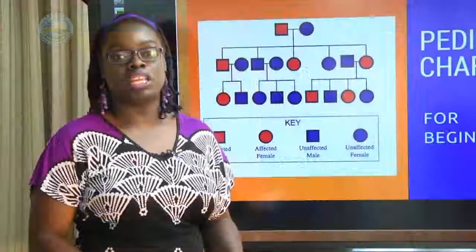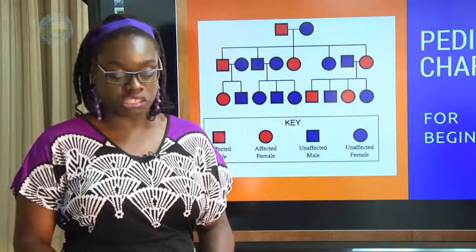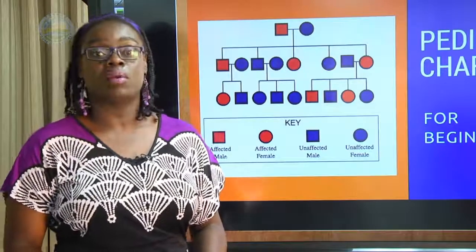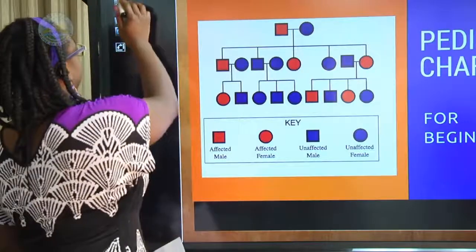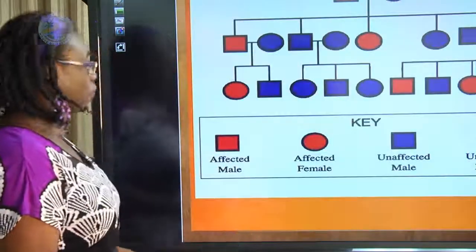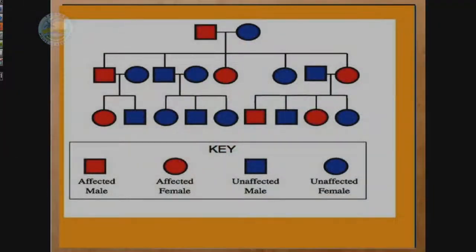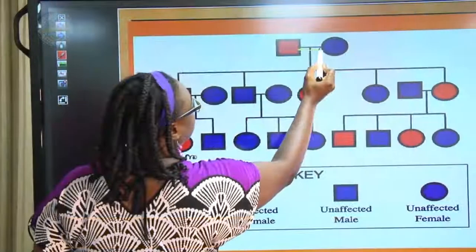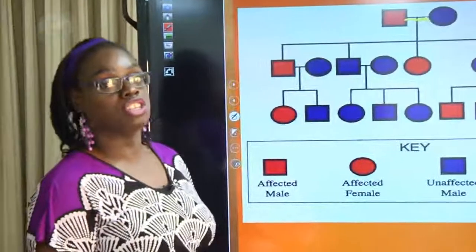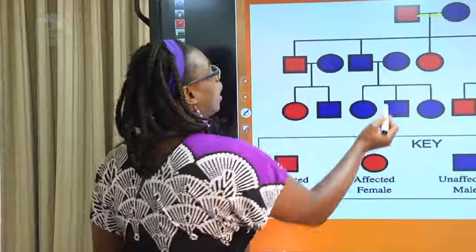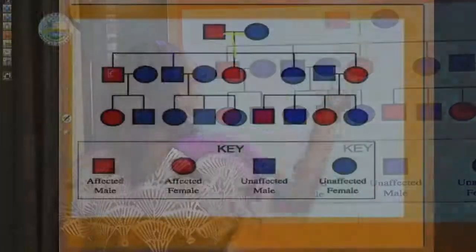So we will start with pedigree charts. A pedigree chart shows the inheritance of genes or traits in a family over several generations. Here's an example of a typical pedigree chart. The horizontal lines indicate a union or a marriage between two persons, and the vertical lines indicate offspring.